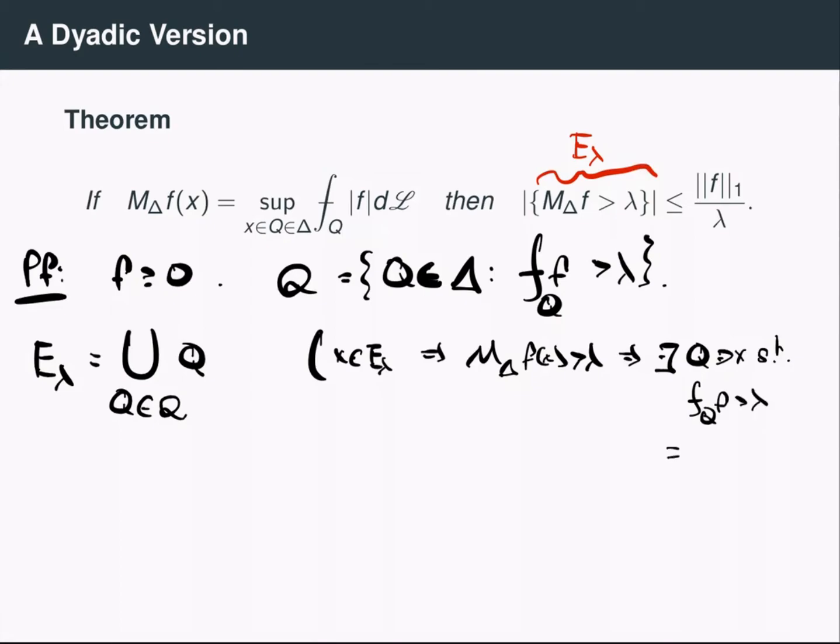But then that implies that Q must be inside this collection. So that gives me one direction, that E lambda is contained in the union of this collection.